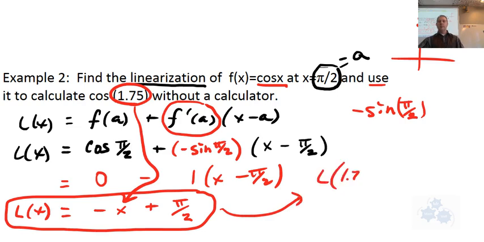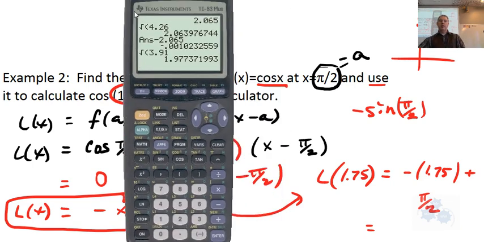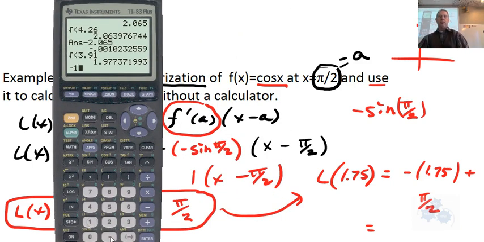L of 1.75 here is going to be negative 1.75 plus pi over 2. Negative 1.75 plus pi divided by 2 is going to be negative 0.1792.